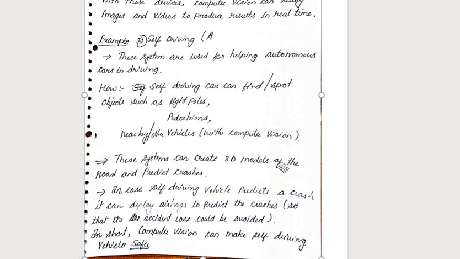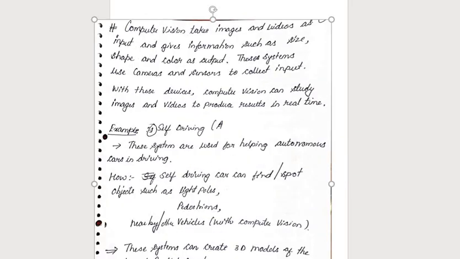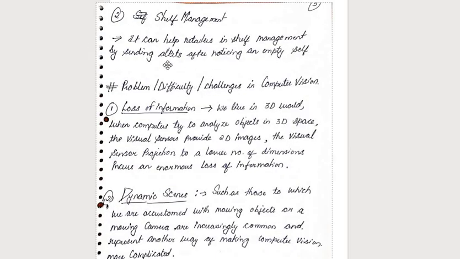These systems create a 3D model of the road and predict crashes, so that we can avoid more accidents in the coming time. Some more examples of computer vision are shelf management, which we use at retail places also.